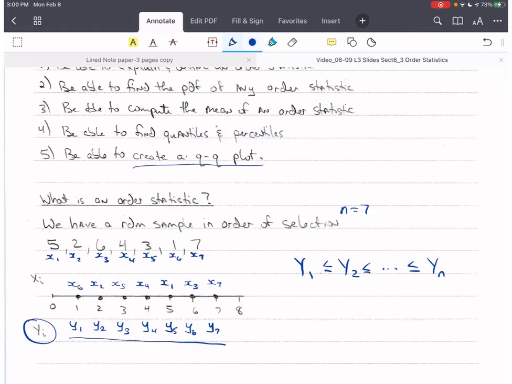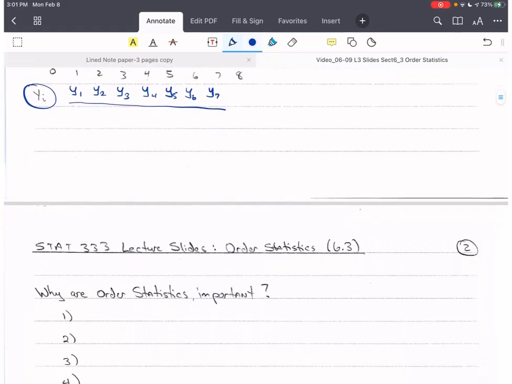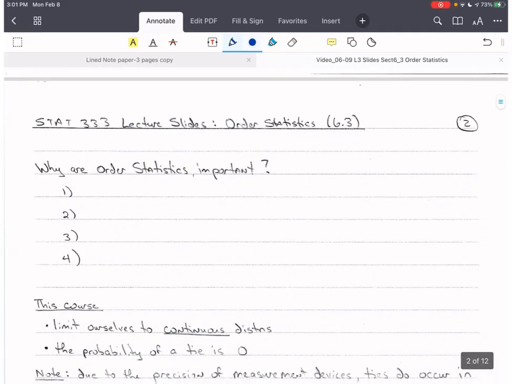So this seems like a very simple concept, and this part of it is. But this can get very complex very quickly when we start talking about the distributions and probabilities to do with this. Okay. So you might ask, why do we want to study order statistics? What's important about these that we want to take time out of a mathematical statistics course to cover something that seems so simple?